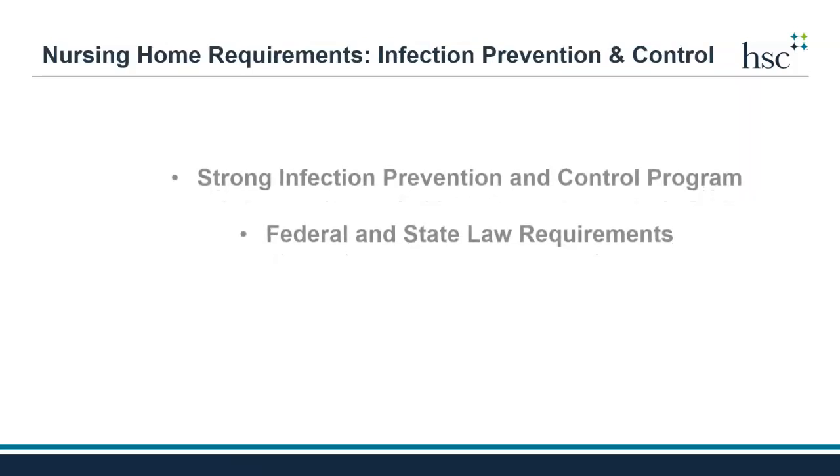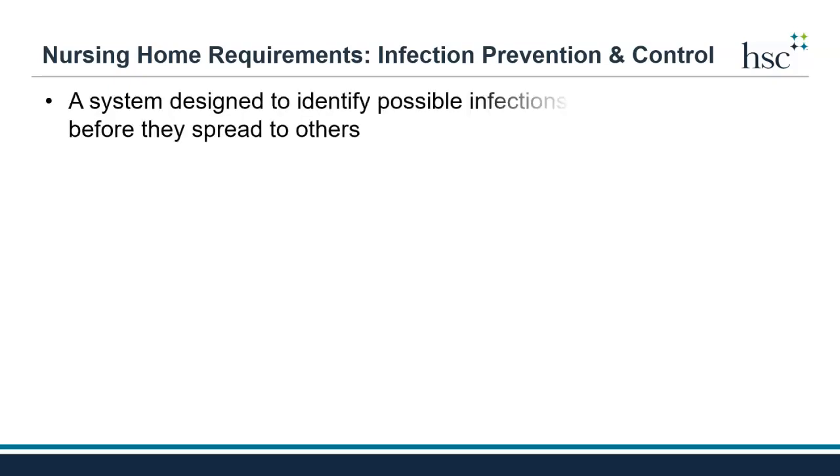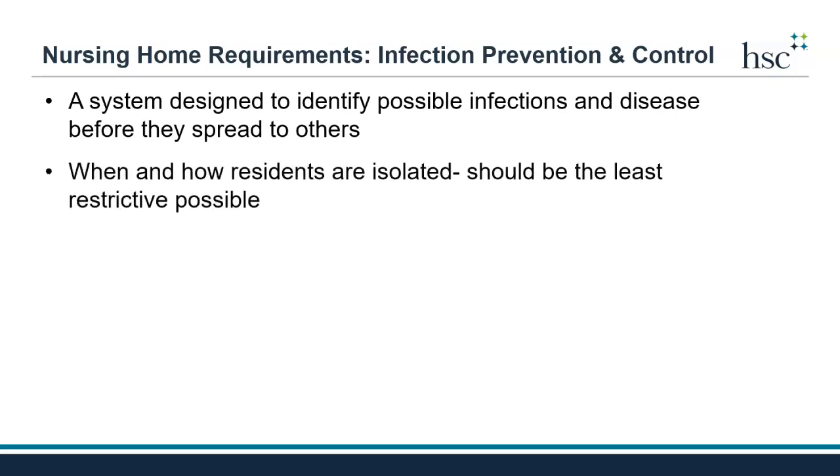Quality care can only be achieved when nursing homes have a strong program in place to prevent and control infections. Federal and state laws require nursing homes to have an infection prevention and control program which includes a system designed to identify possible infections and disease before they spread to others, have written plans and procedures regarding when and how residents should be placed in isolation due to infection.